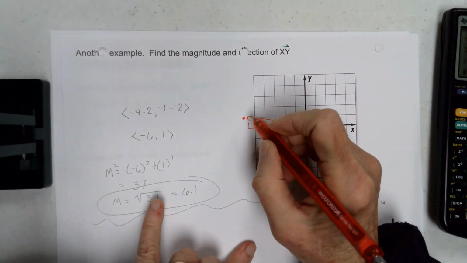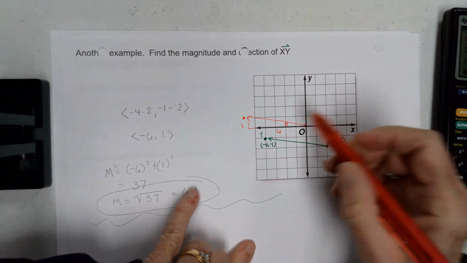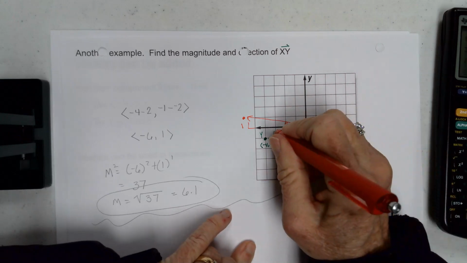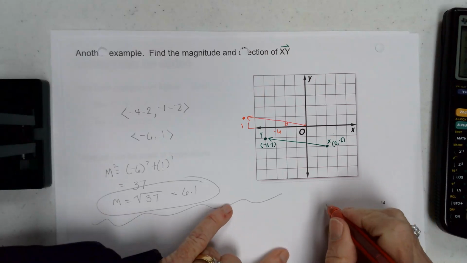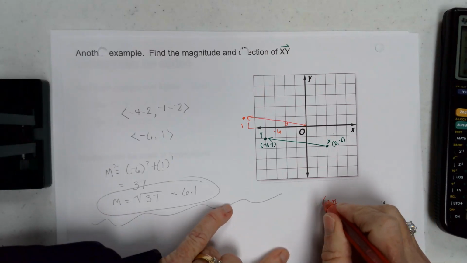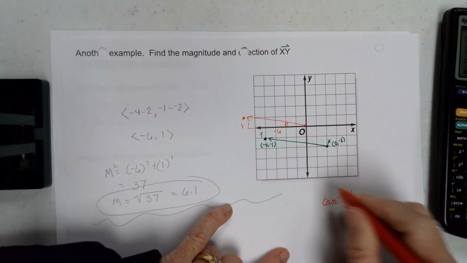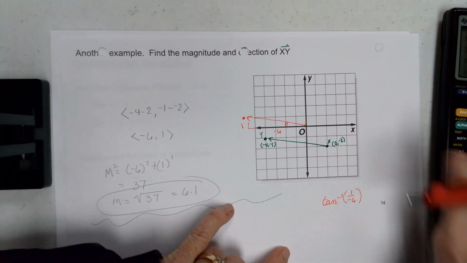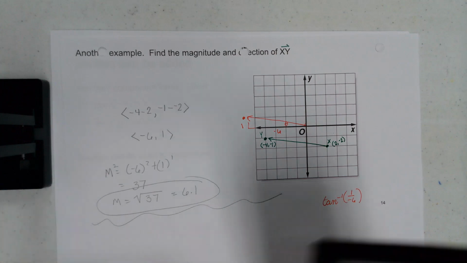So this is a 1, and this would be a 6, and that's a -6, if you will. I want to do inverse tangent of opposite, which is a 1, over adjacent, which is -6.